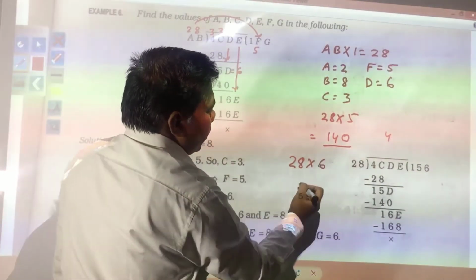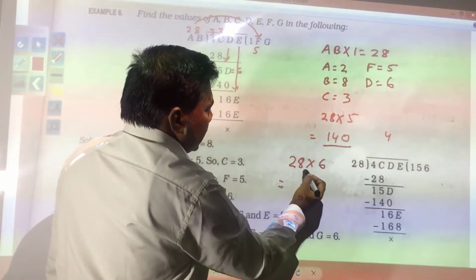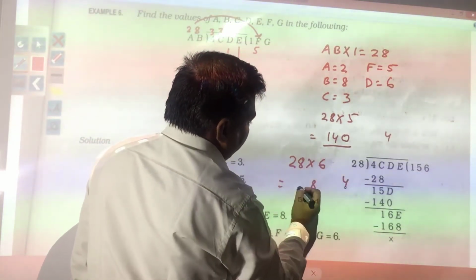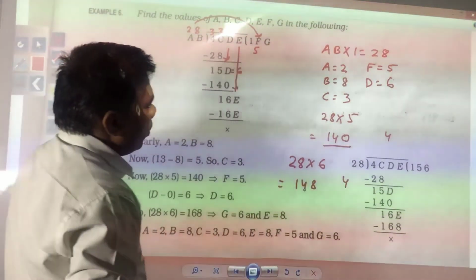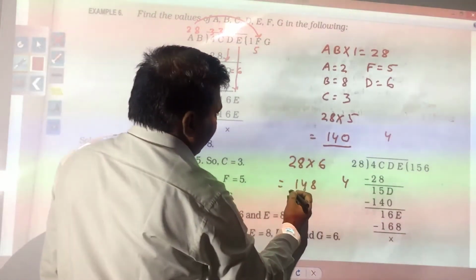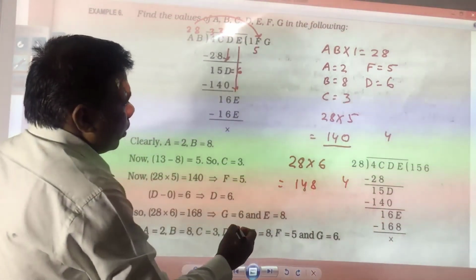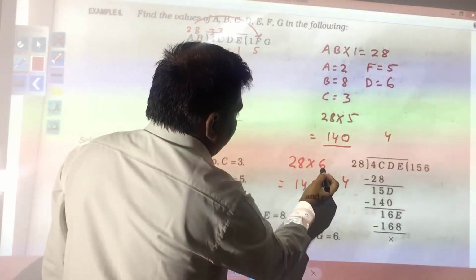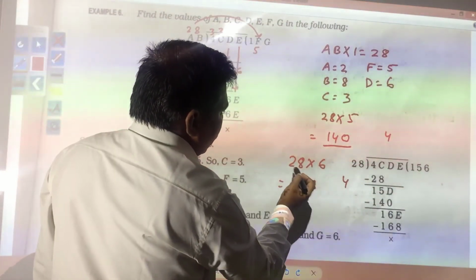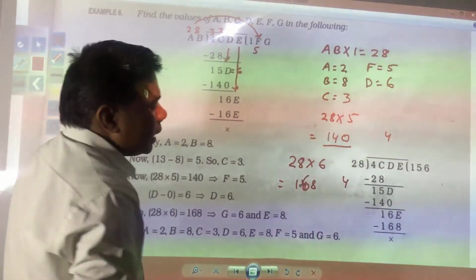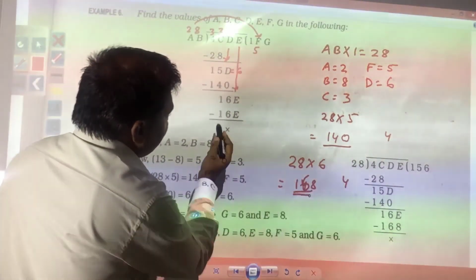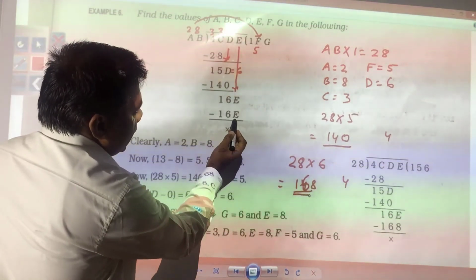If 6 times you are multiplying, what you will get? 6 times 8 is 48, 4 you have, 6 times 2 is 12 and 4, 168. It means if you are multiplying by 6, you are getting 168.